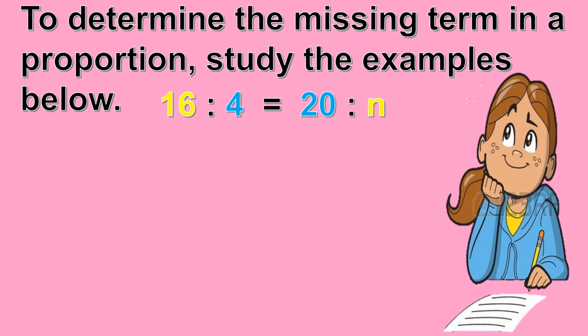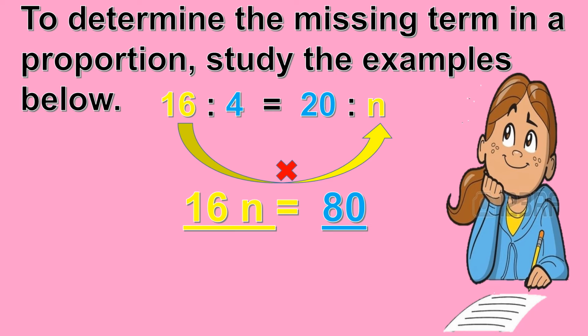First, we will multiply the extremes. 16 times n equals 16n. Next, we will multiply the means. 4 times 20 equals 80.